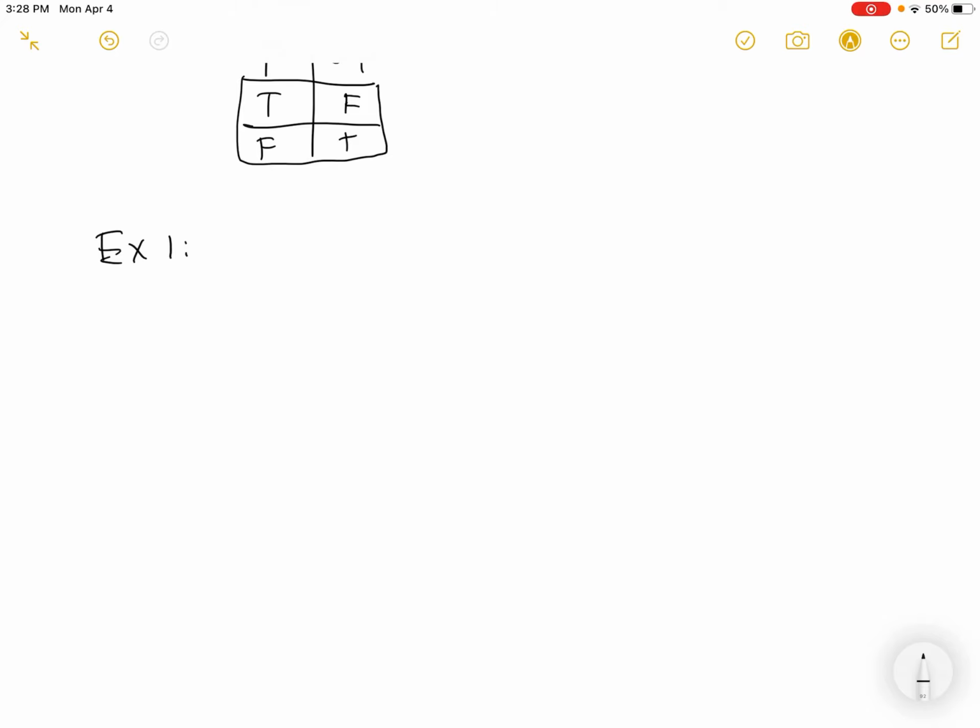Example 1. Construct the truth table for, and here's what's written, not P and Q, or not P. And again, the value of symbolic logic is it helps us to evaluate some pretty complex statements and be able just through truth tables to know the truth of them.